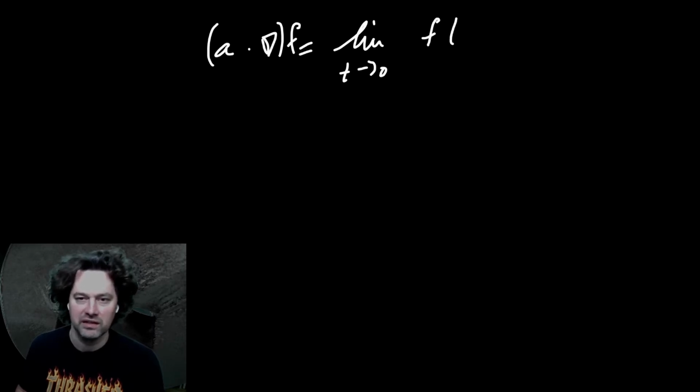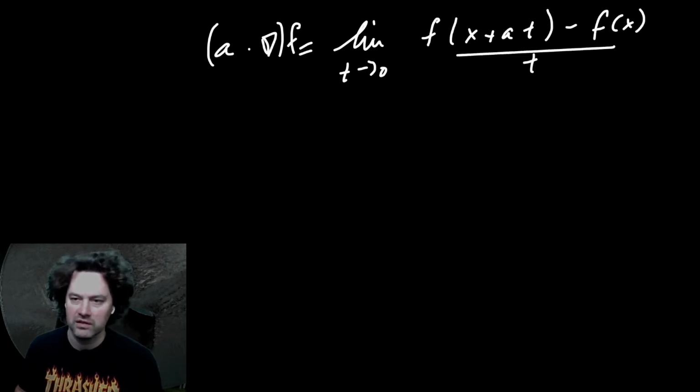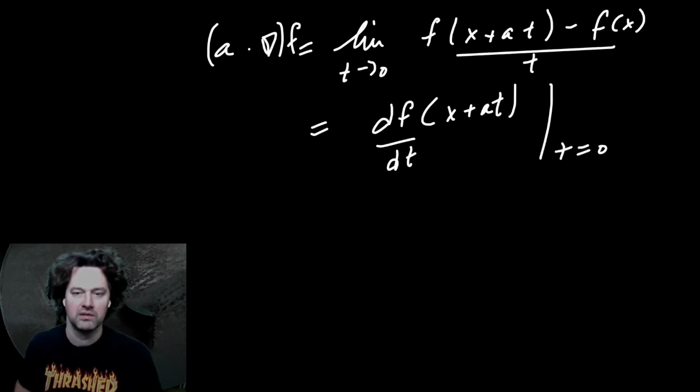So we say f of x plus at minus f of x all over t. A more compact way of writing this is the derivative of f of x plus at, where x and a are vectors, with respect to t, all evaluated at t equals 0.